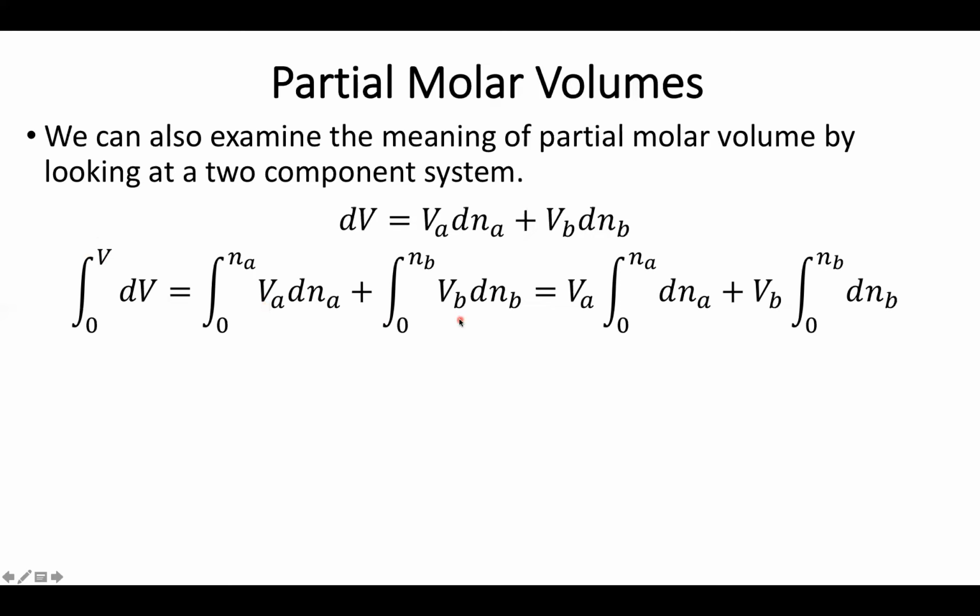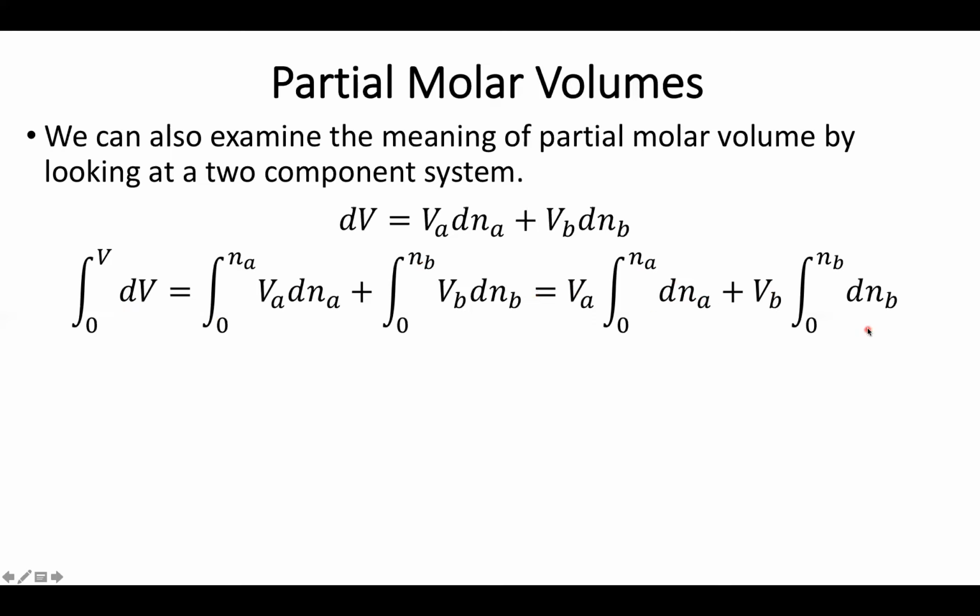But because we're already making the assumption that the partial molar volume of each species is going to be dependent on temperature, pressure, and ratio of the component, as long as you have the exact ratio of components present, then we can essentially treat it as independent of the exact number of moles present. So you can pull that out of the integral. And thus we have a simple integral of 0 to V and 0 to N_A.